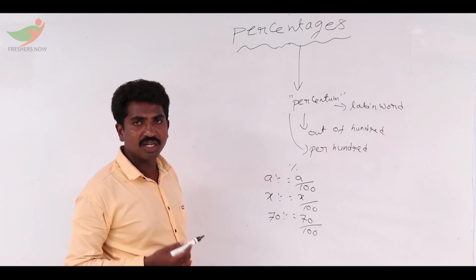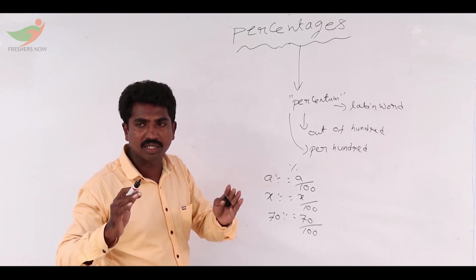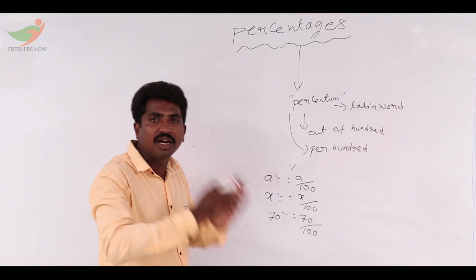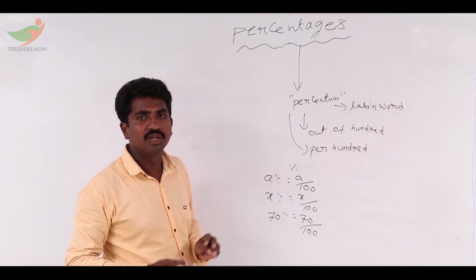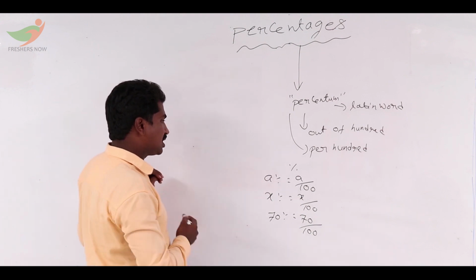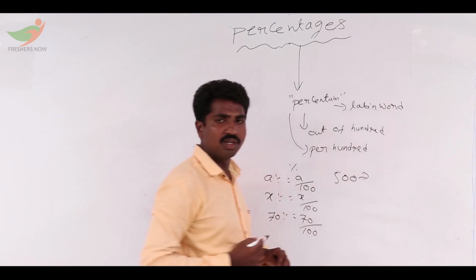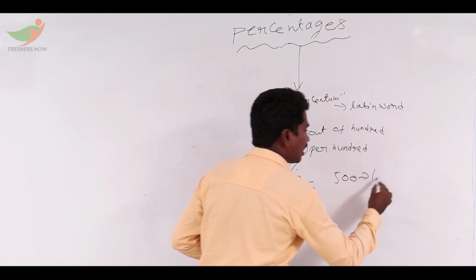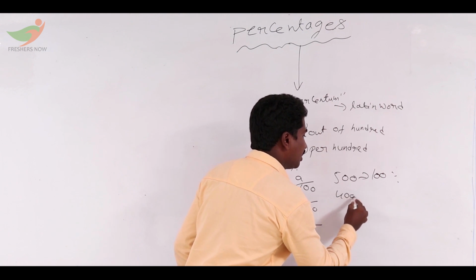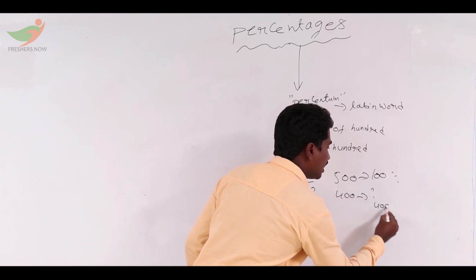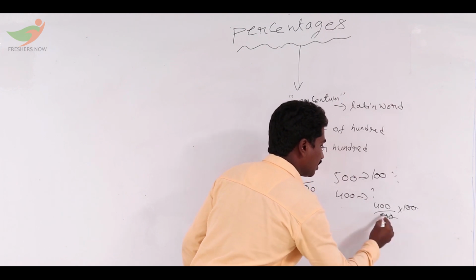In an examination, they are conducting for 500 marks. We take the maximum marks as 100%. 500 is 100%. For example, if a student got 400 marks, how much percent? 400 by 500 into 100.